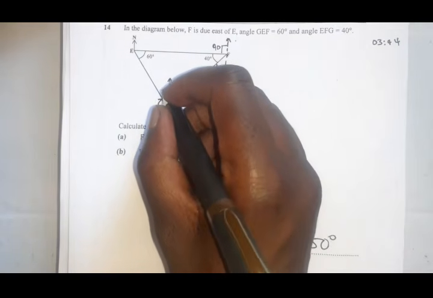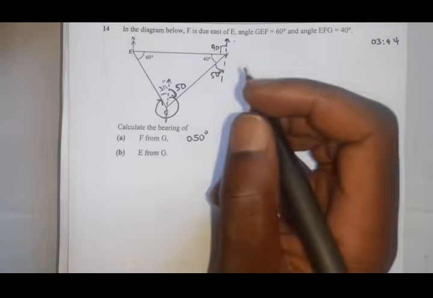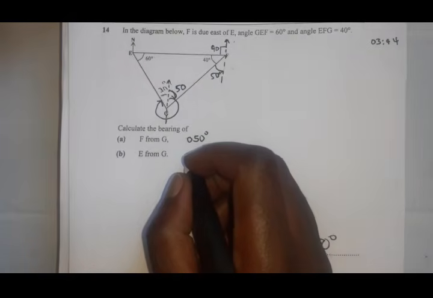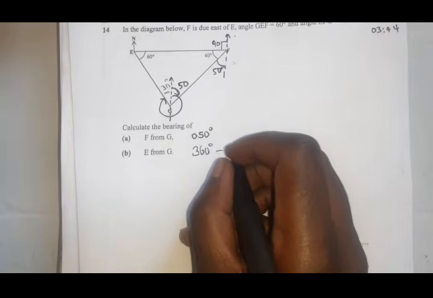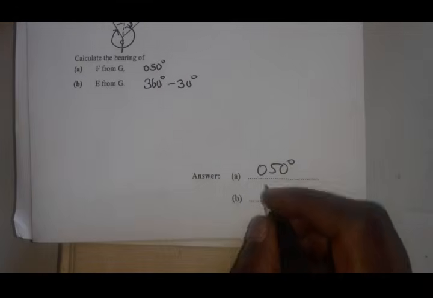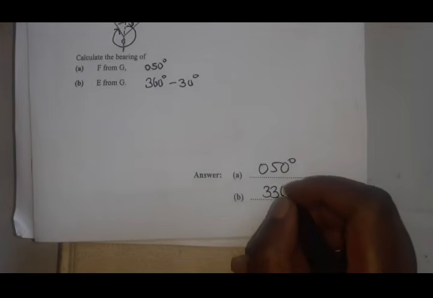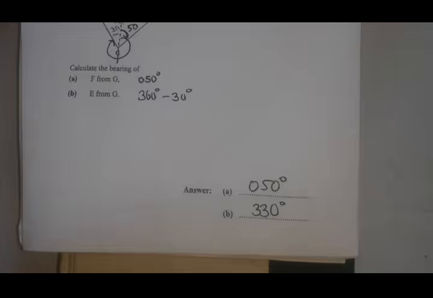So this angle here is going to be 30. Okay? Now, for this one, we are going to say 360 degrees minus 30. What are we going to get? This is going to give us 330 degrees. That's what we're going to get here.